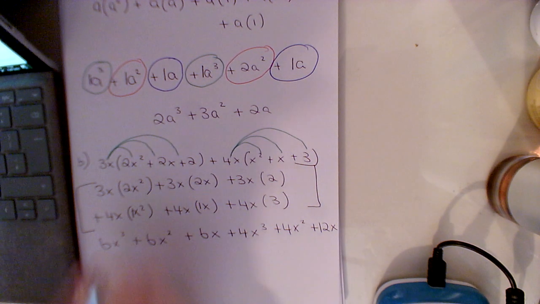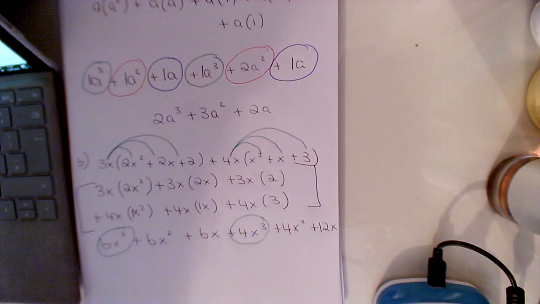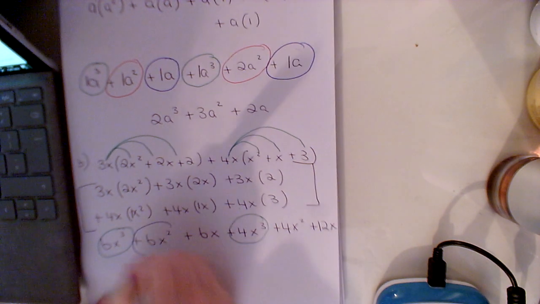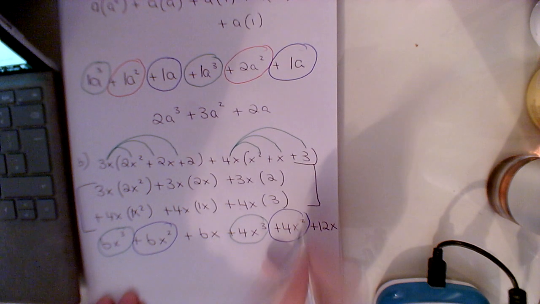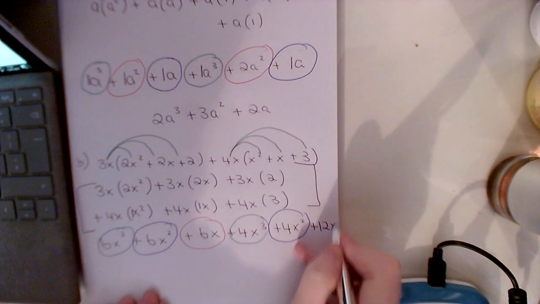Now I need to circle like terms, so I circle this and this, the x cubeds, then I circle my x squareds, and then finally I circle my x's.